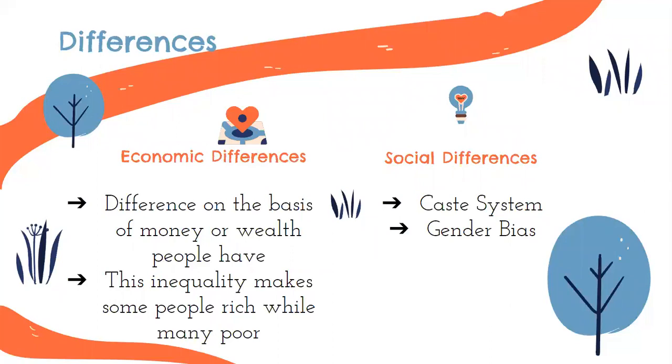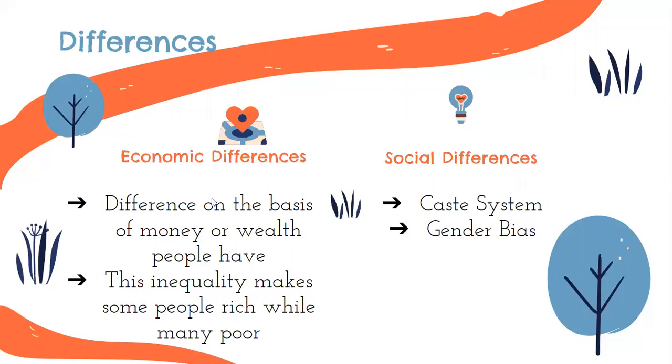Are more people living in big houses and bungalows, or are more people living in slums and villages? Right? So now, why is this bad? This is bad because the poor do not get adequate or equal access to facilities like education, right? Like healthcare. It becomes difficult for them to afford this.